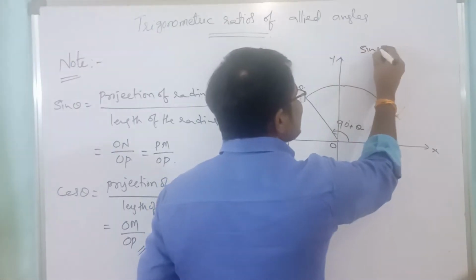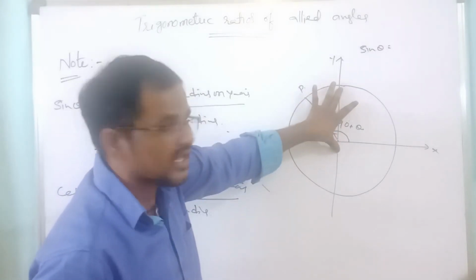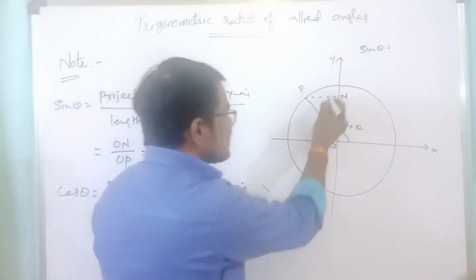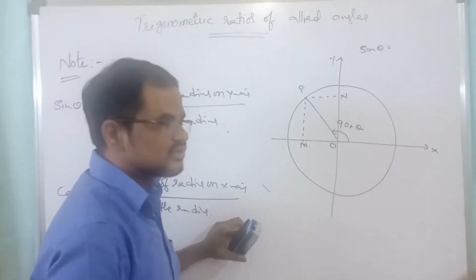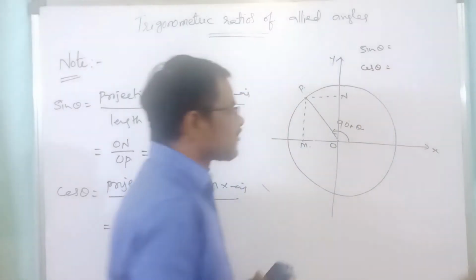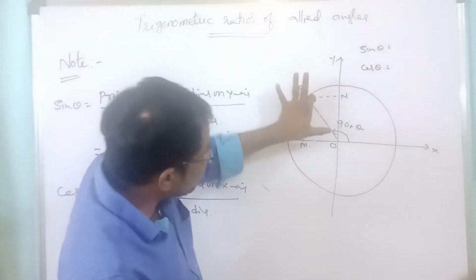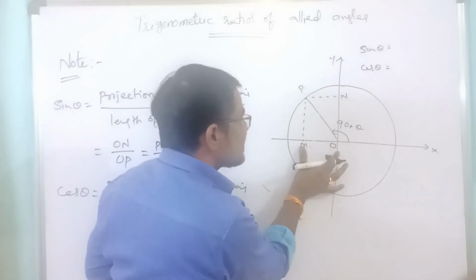The projection of OP on the y-axis is this one, call it N, and this length is nothing but PM, right? And how to define cos theta? The projection of the radius OP on the x-axis is nothing but what?